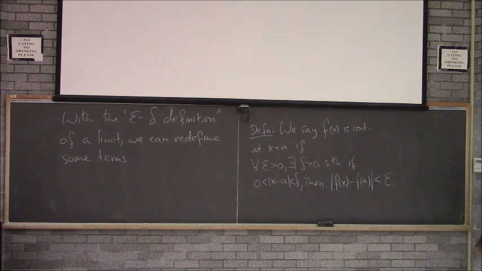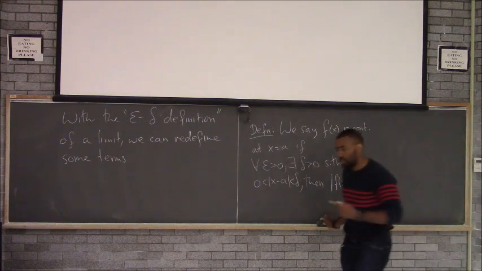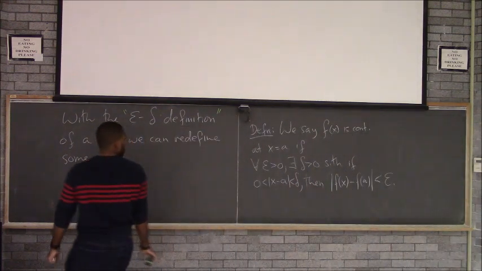Your y value will get close to f of a within the given epsilon. So you can think of that as a definition for continuity, which you might have to apply.